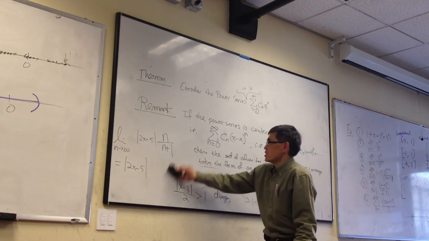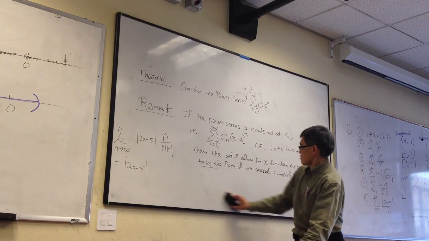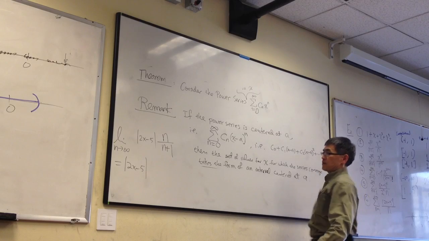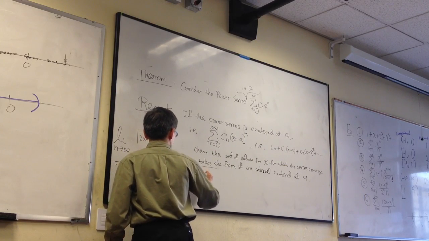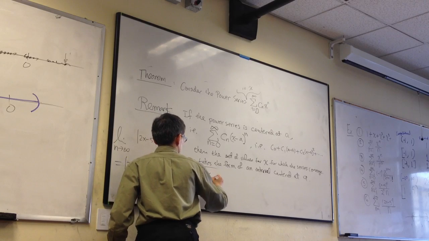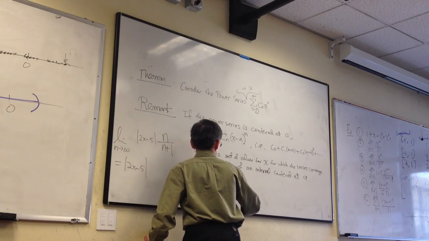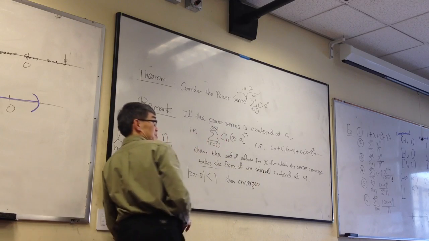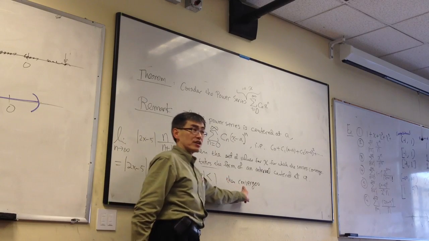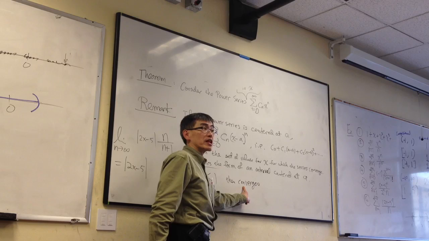And therefore, if the absolute value of 2x minus 5 is less than 1, then what? Converges. As a matter of fact, when I say converges here, in all these cases, I actually meant what?